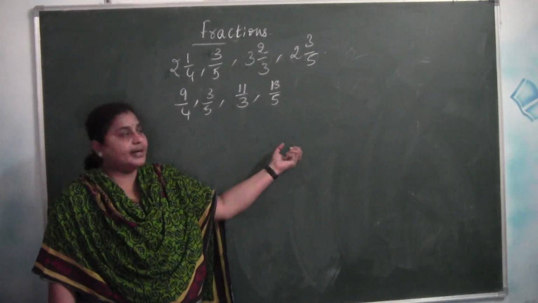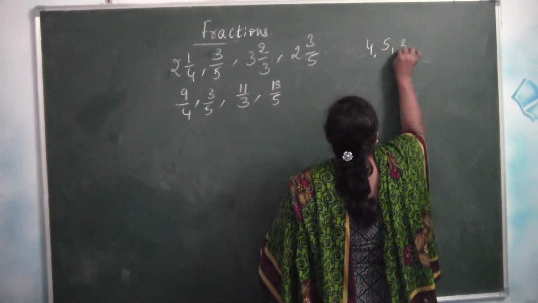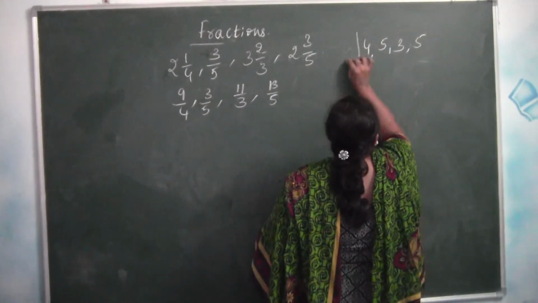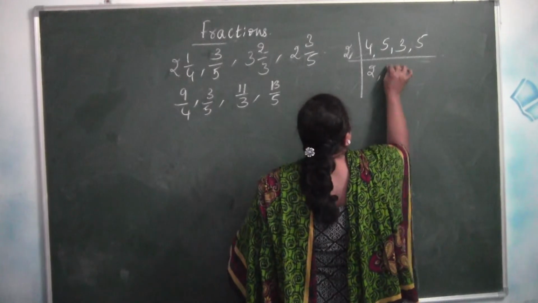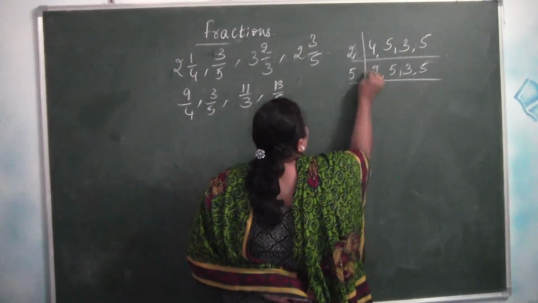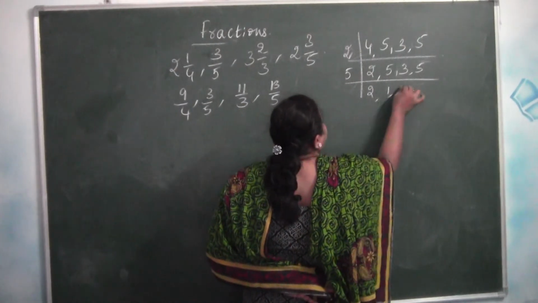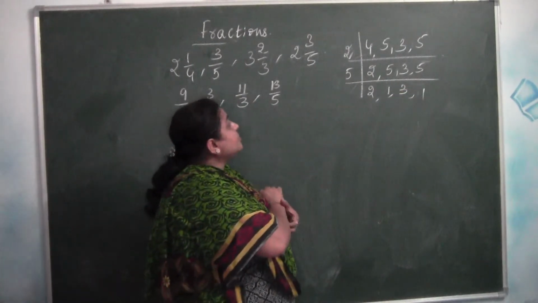Now let us calculate for 4, 5, 3, 5. Let us take 2: 2 2s are 4, 5, 3, 5. Now let us take 5: 5 1s are 5, 3, 5 1s are 5. Right? Now what is our LCM, children?